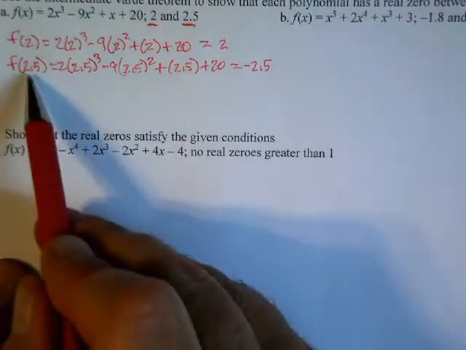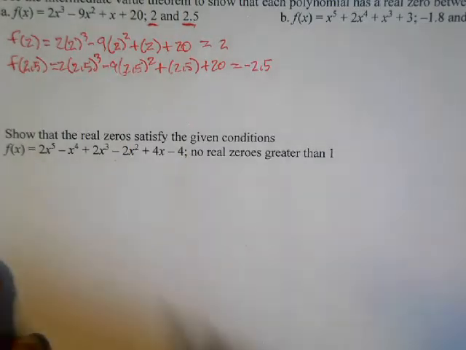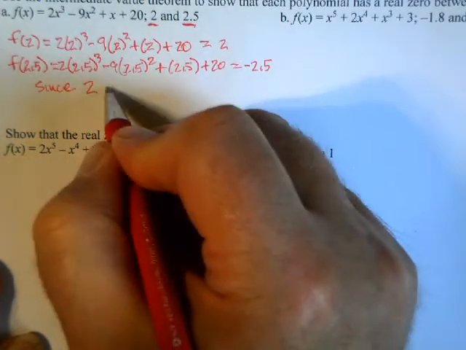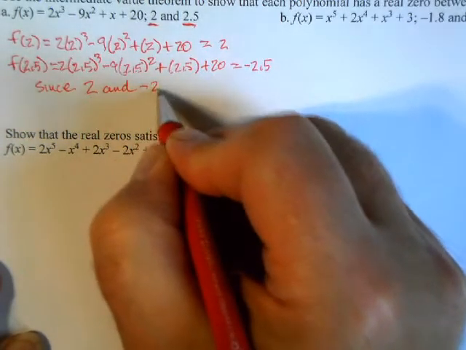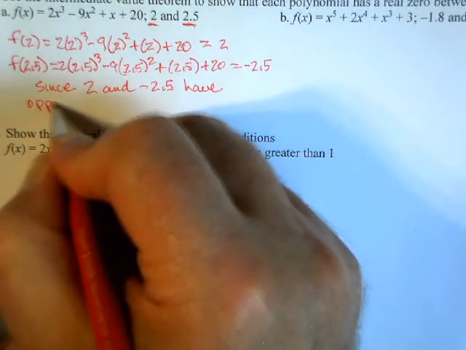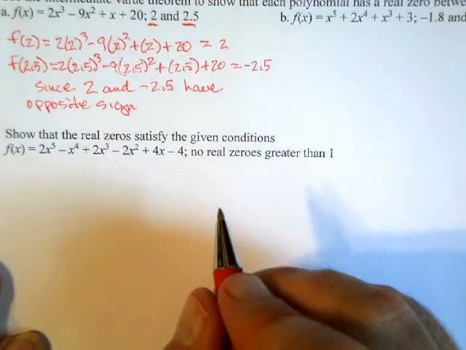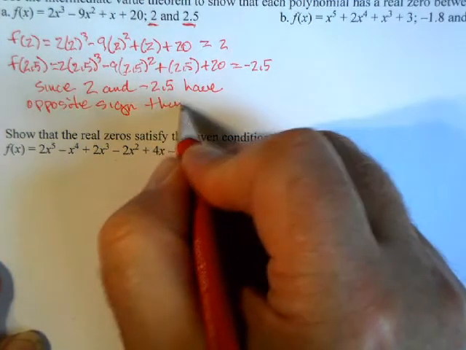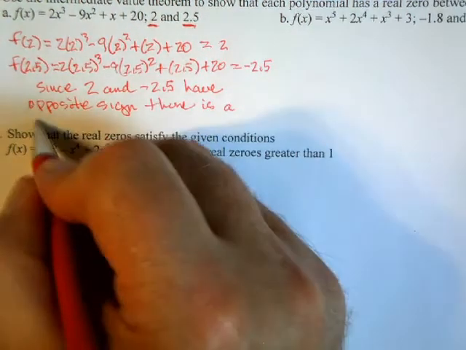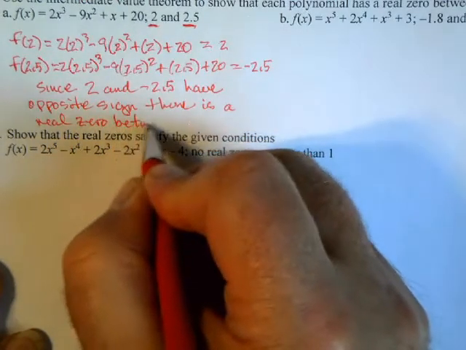All that's important is that since 2 and negative 2.5 have opposite signs, there is a 0 between x equals 2 and x equals 2.5.